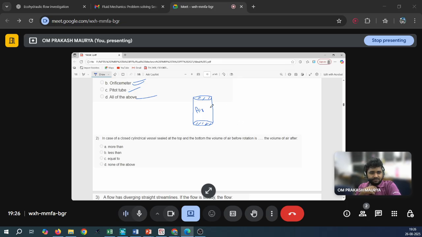So the first case is this, and the second is that you have the same container, the same vessel, and you are going to rotate this one. Now it asks about the volume effect before the rotation and after the rotation.